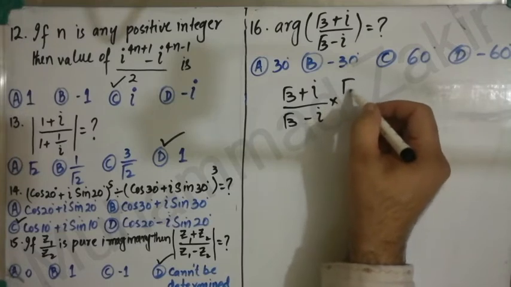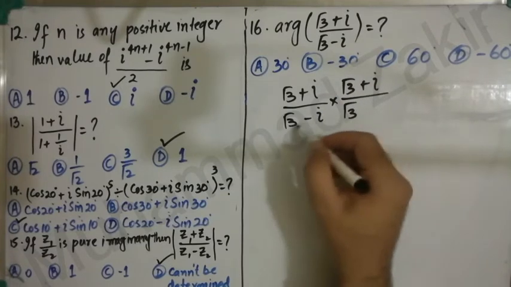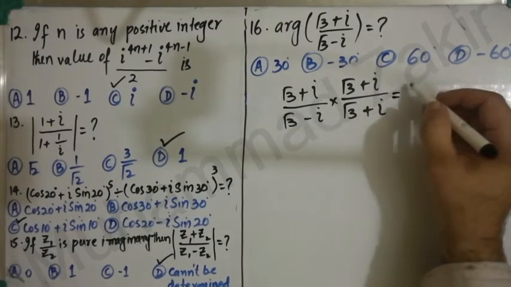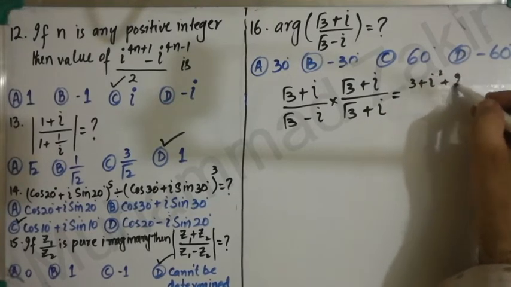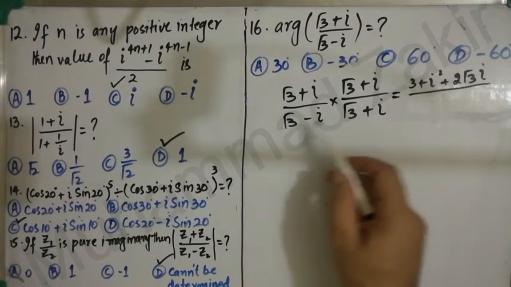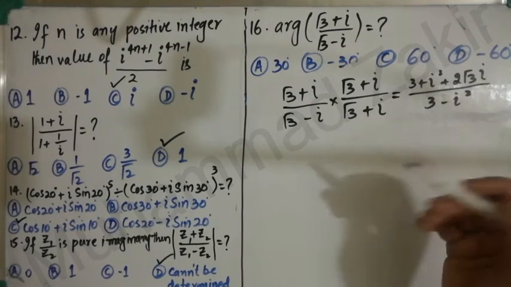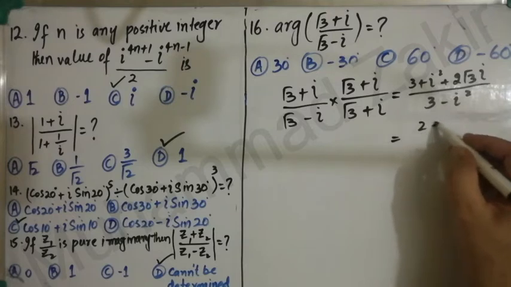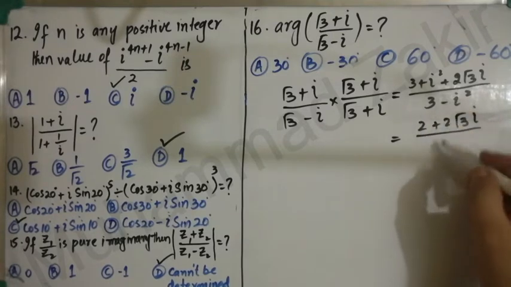We will have to multiply and divide by the conjugate of the denominator. The numerator will be squared, and what is the square? a square plus b square plus 2ab makes 2√3 i, divided by (a + b)(a - b), which is a square minus b square. i square is minus 1, so this is 3 and this is minus of minus 1. It becomes 2 plus 2√3 i divided by 4.